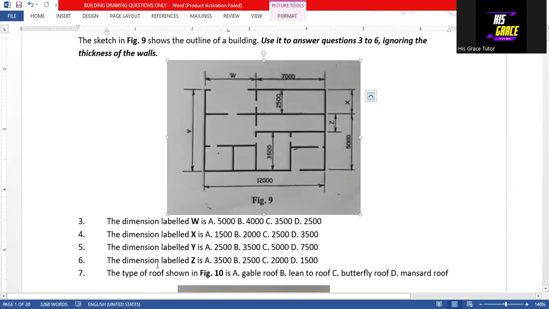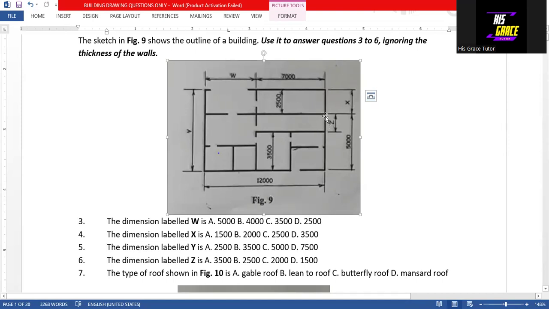Then question 6, dimension label Z is, so this is Z from here to here. Looking at the total distance, Y is 7,500.